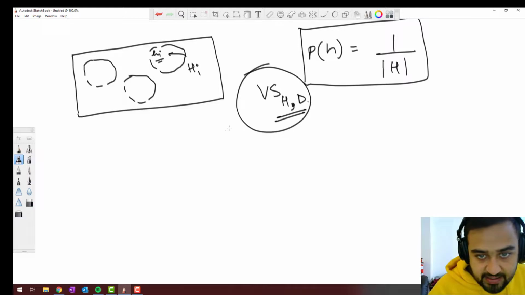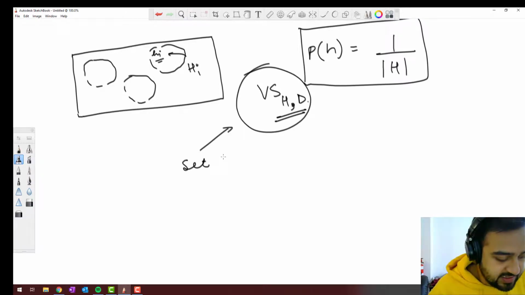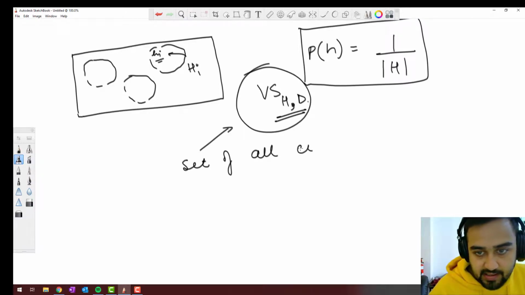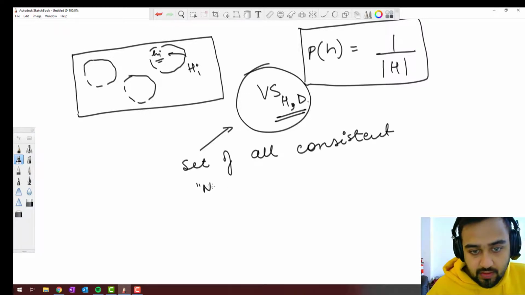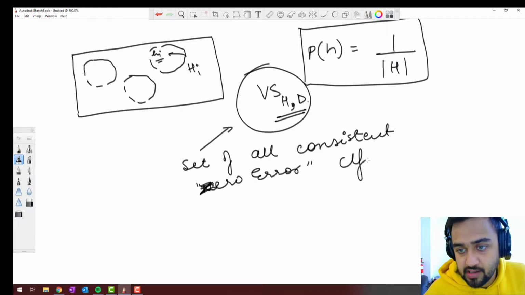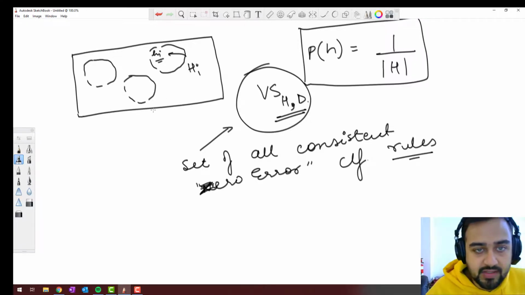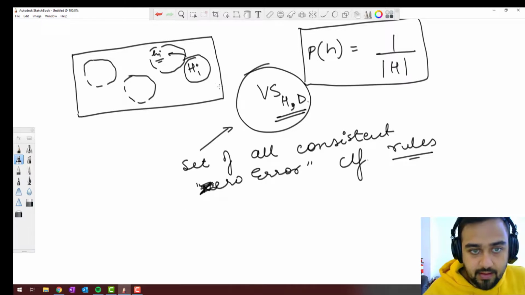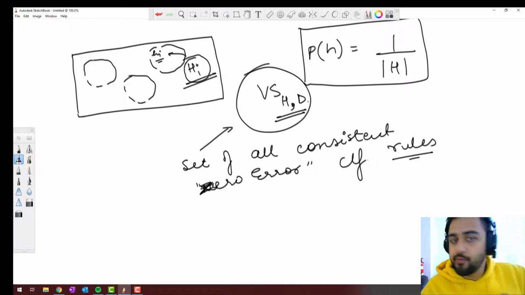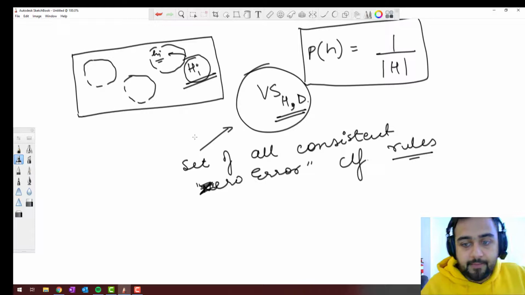The version space is just a set of all consistent, zero-error classification rules. There can be many classification rules, but according to our data, this H_i is suitable for our classification problem, right?